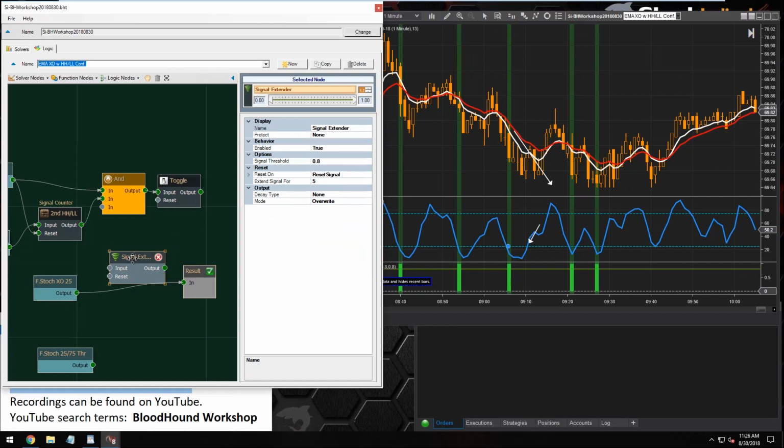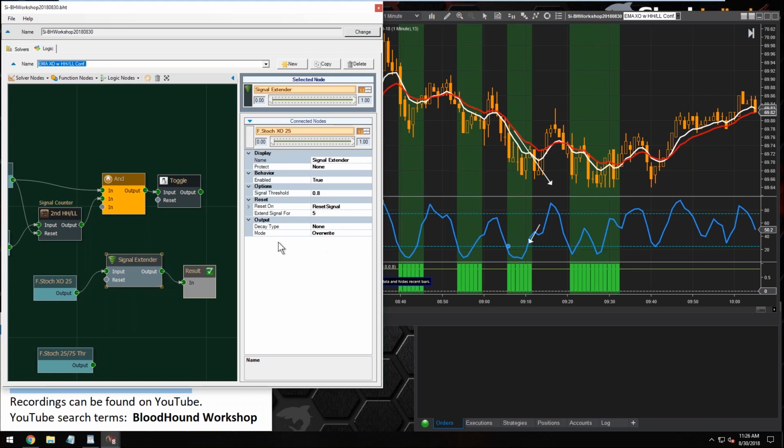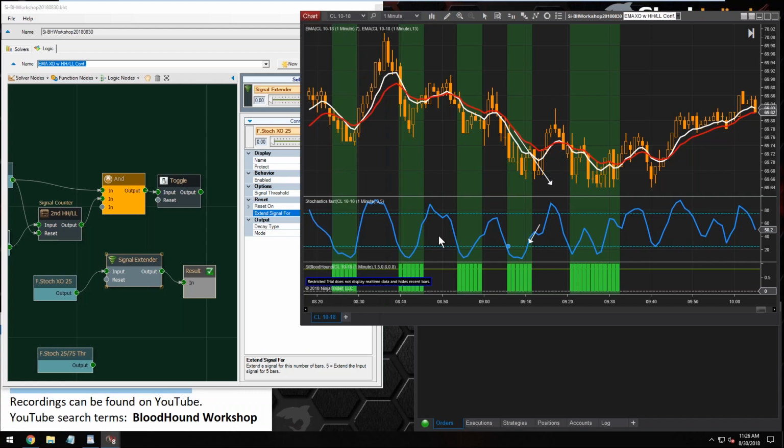And I'll explain why in just a moment here. And with the signal extender, we want to extend the signal for 5 bars. So there we go.